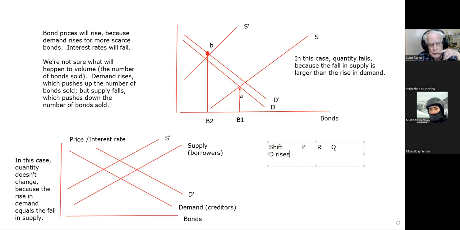So suppose that demand rises and nothing else changes, only demand. In that case, the price will rise and quantity will rise as well. And then the interest rate drops because of the inverse relationship with prices.